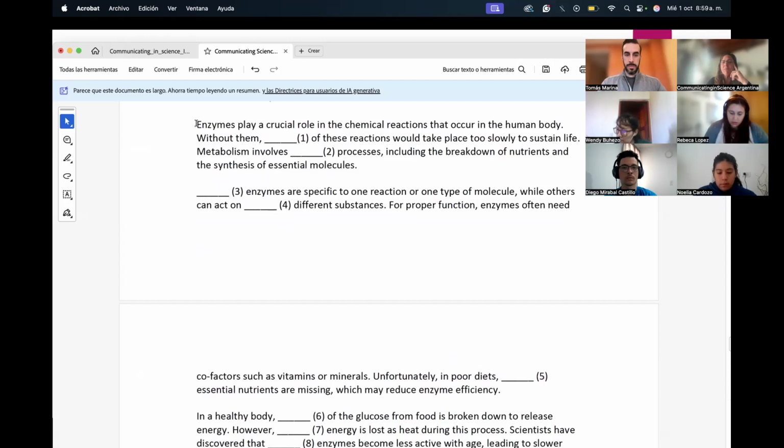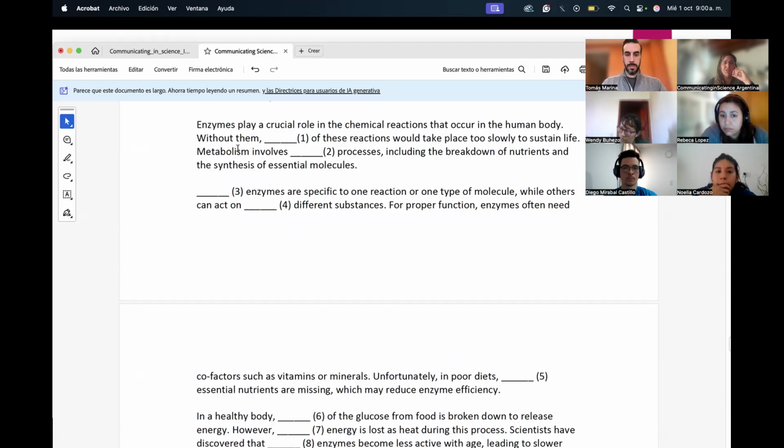So, enzymes play a crucial role in the chemical reactions that occur in the human body. Without them, some of these reactions, all of these reactions, most of these reactions would take place too slowly to sustain life.